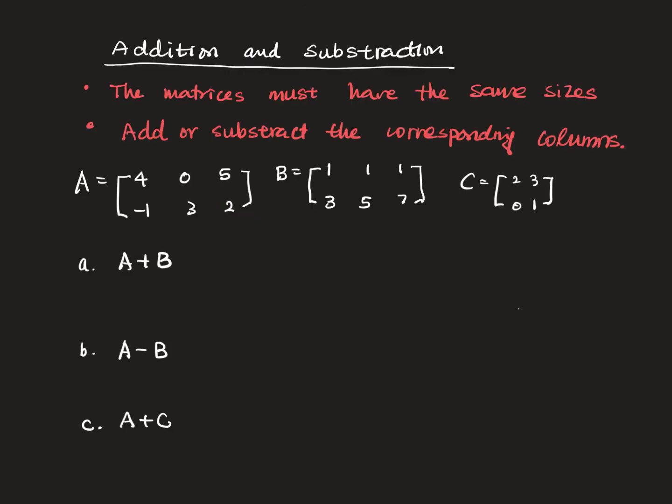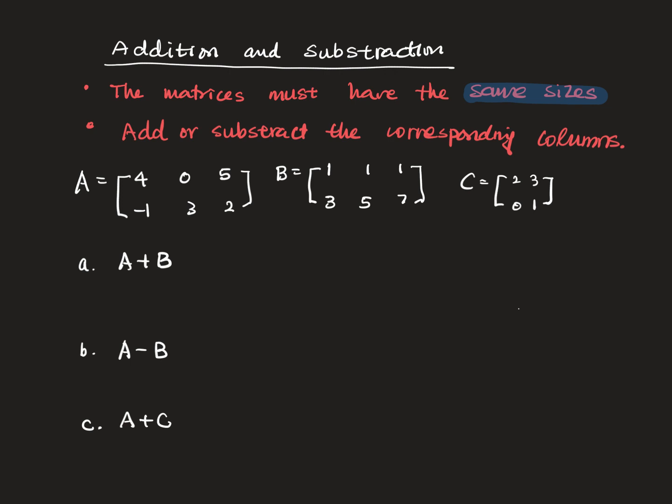All right, now I want to define addition and subtraction. First, very importantly, you have to remember, guys, the matrices must be the same size. If you have different sizes, you cannot add and you cannot subtract. So let's go to the first one.